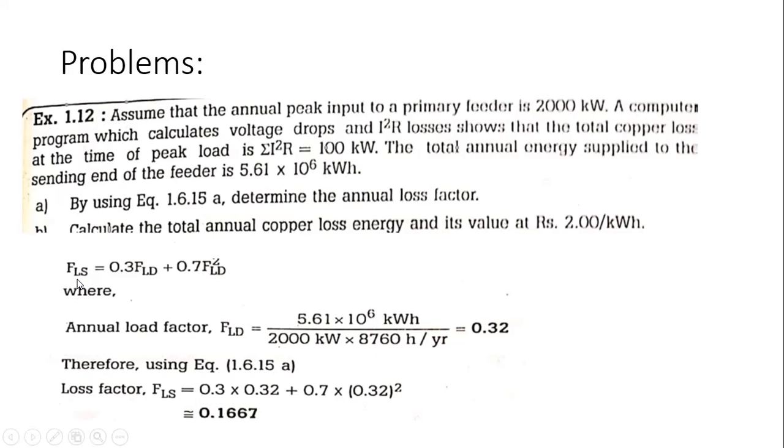First of all we will find the annual loss factor. What is the formula for it? The loss factor FLS is equal to 0.3 FLD plus 0.7 FLD square.